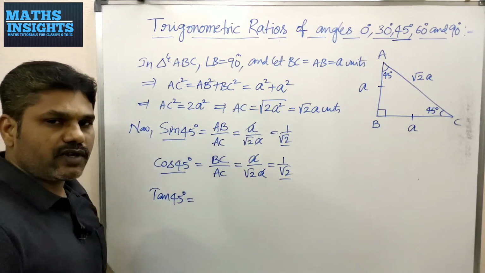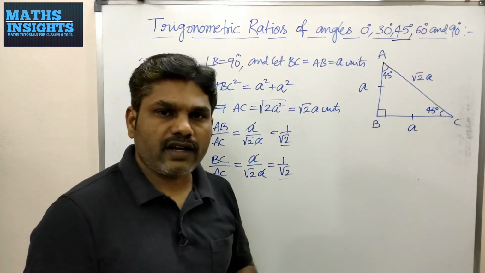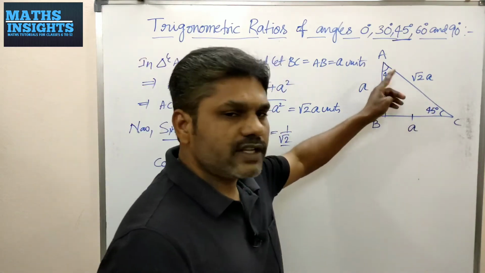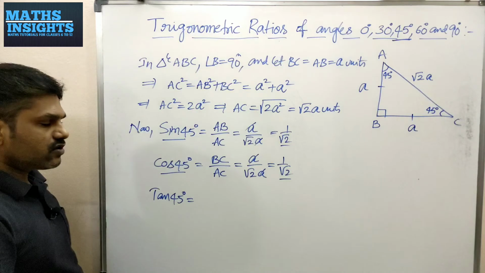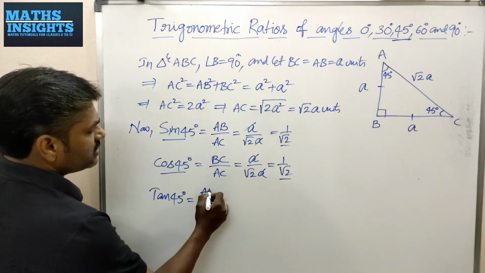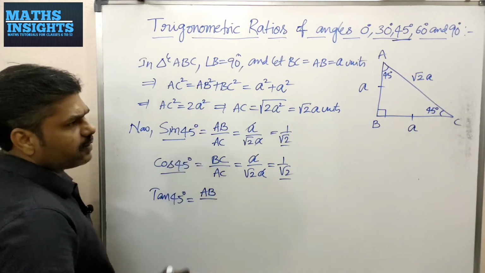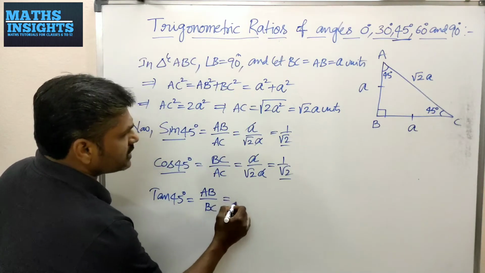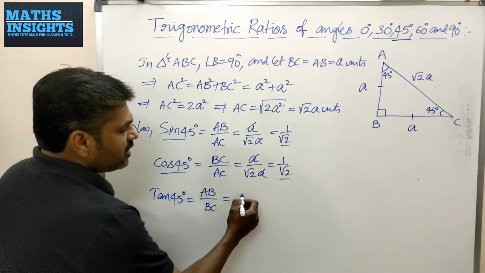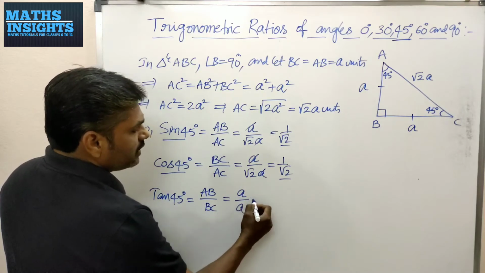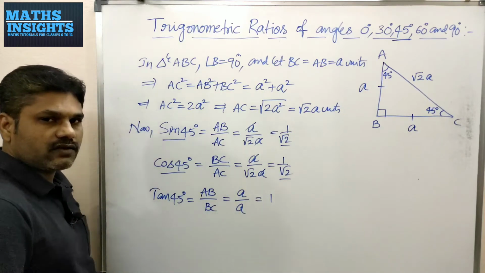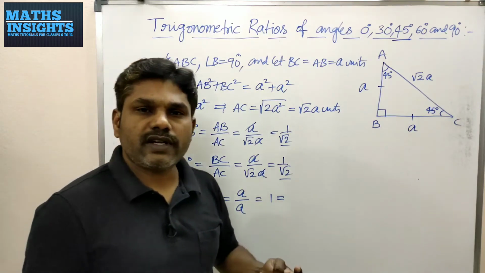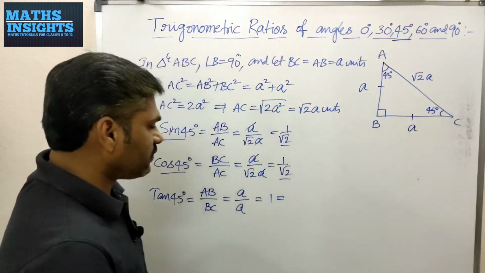Now going to tan 45. As per our definition of the trigonometric ratio tan, it is the side opposite to 45 degrees by the side adjacent to 45 degrees. The opposite side to 45 is AB if you observe, and the adjacent side is BC. Therefore the value is A by A. If you cancel, you will get 1. Also this tan 45 can be written as sine 45 by cos 45.